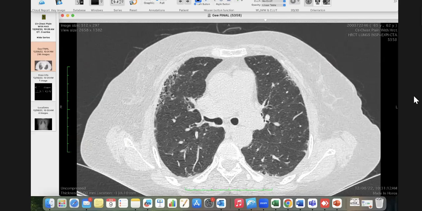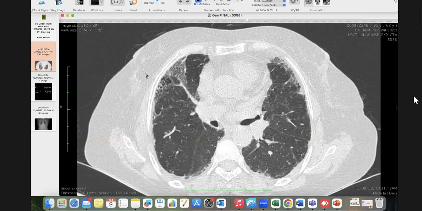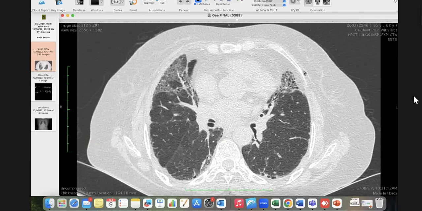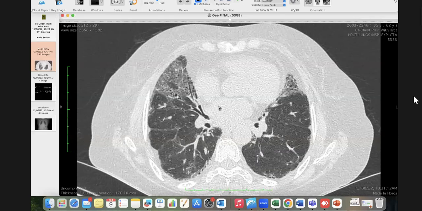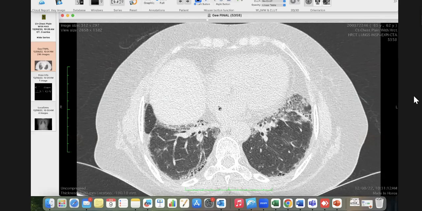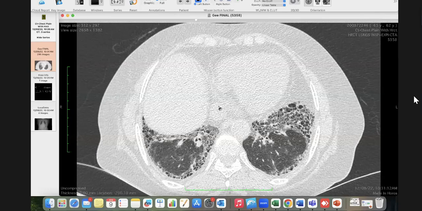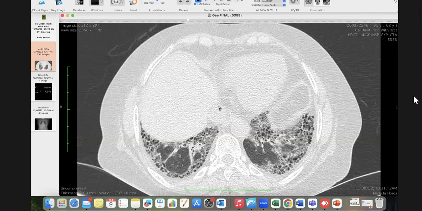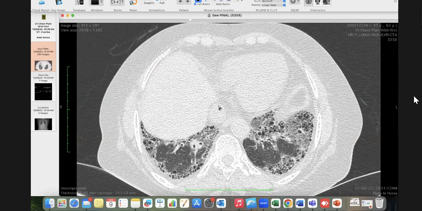You keep going further down, you start suspecting you are seeing honeycombing, but you're also seeing a lot of ground glassing out here, which you did not see in the previous case. And as I come down, I am 100% sure that there is honeycombing as well. So there is honeycombing, there is traction bronchiectasis, and there are areas of ground glassing. So what do I call this?